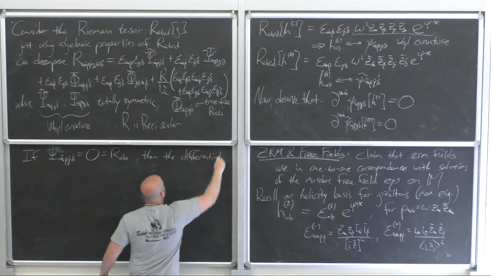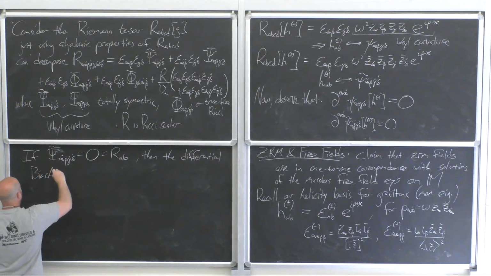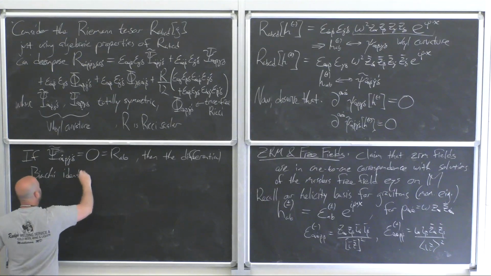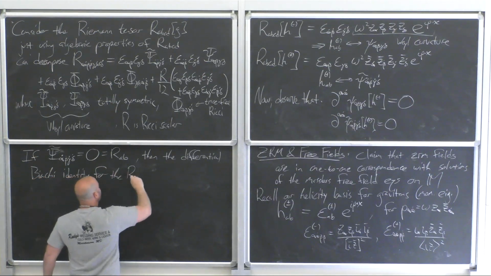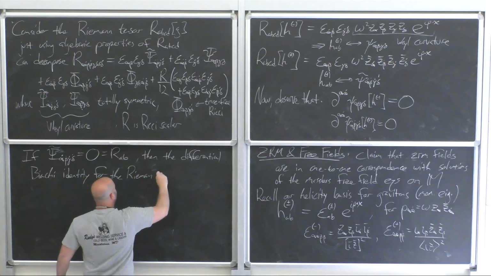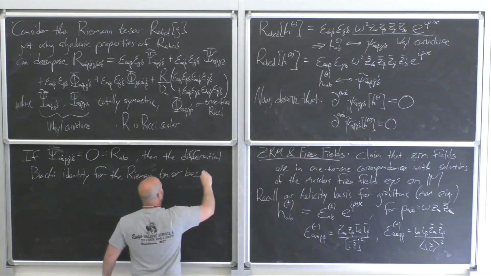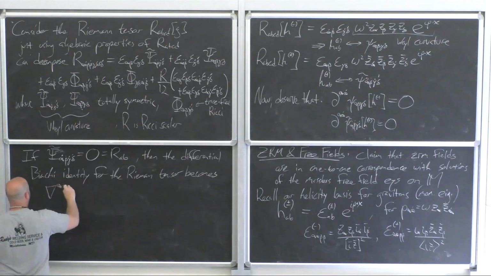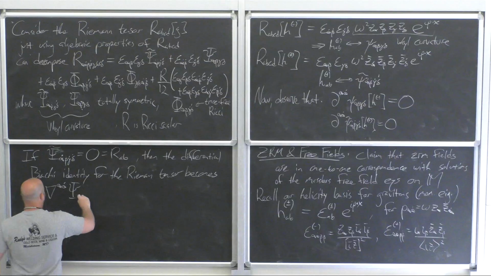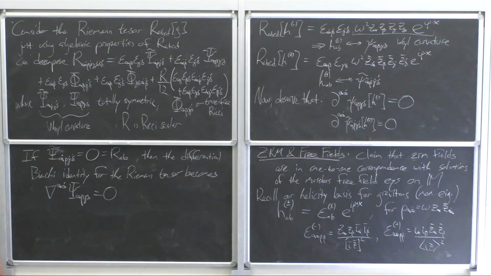the differential Bianchi identity for the Riemann tensor reduces to nabla alpha alpha dot psi alpha beta gamma delta equals 0. This is a nonlinear statement.